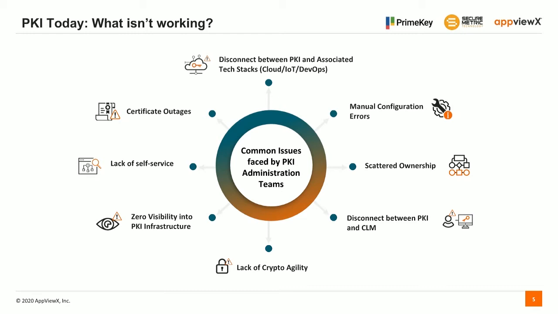There's a huge change, right? And then the manual configuration errors are causing more challenges, and there is more distributed ownership, and that is causing delegation and access control issues. And then there is what certificates were issued versus what is actually there, not having that common visibility, right, and not having that common sync. That is another big challenge.